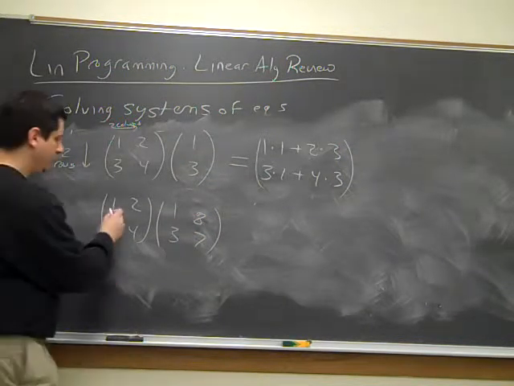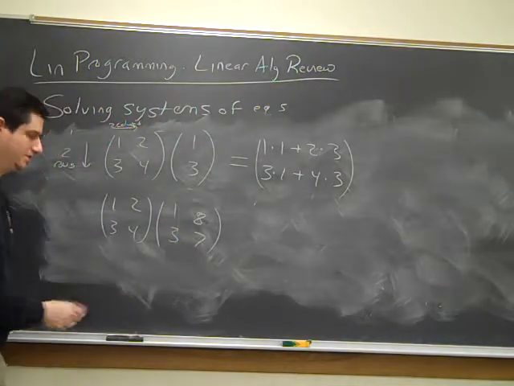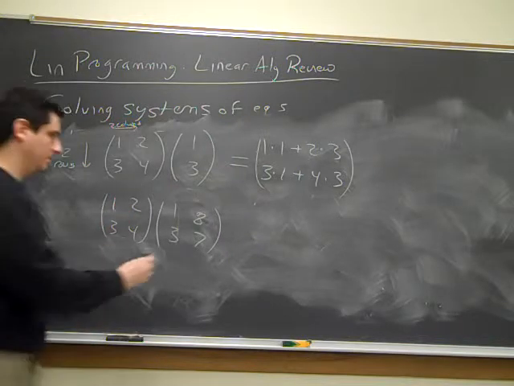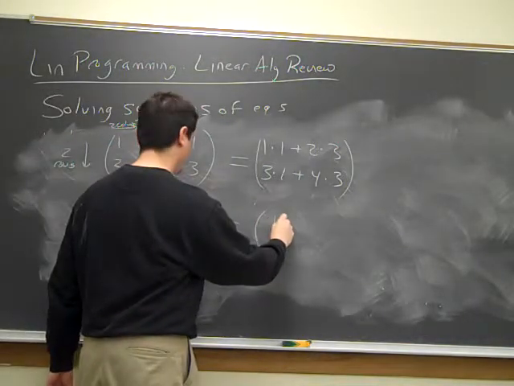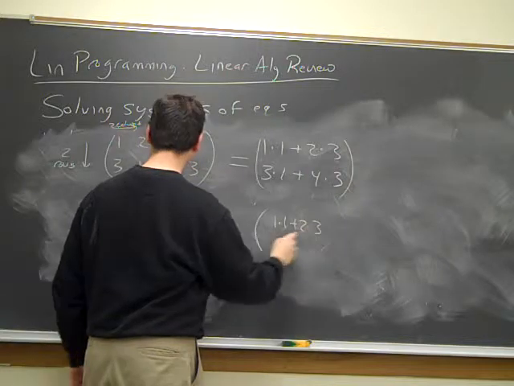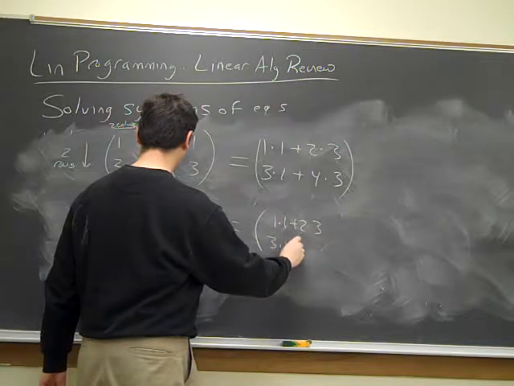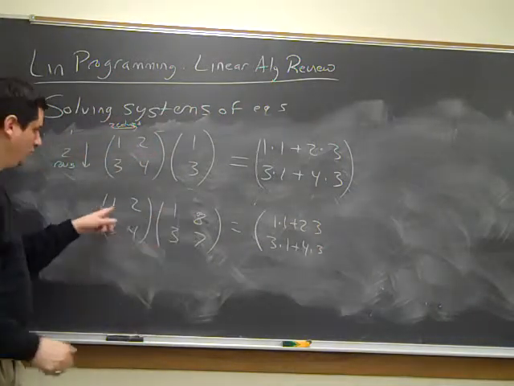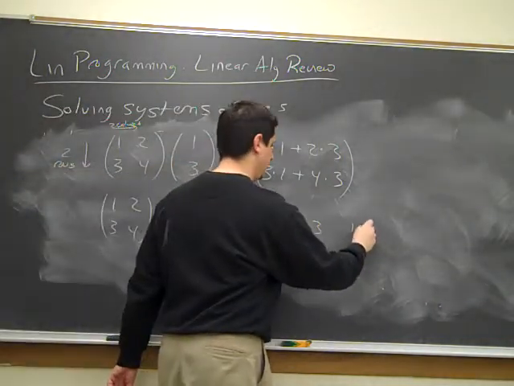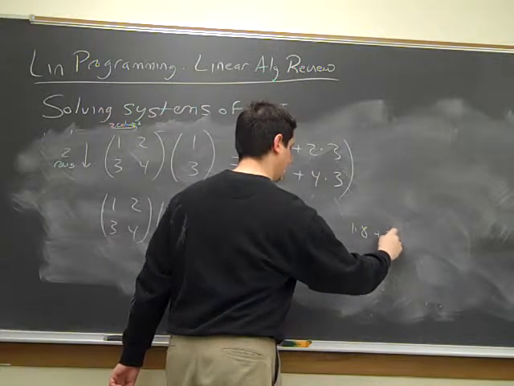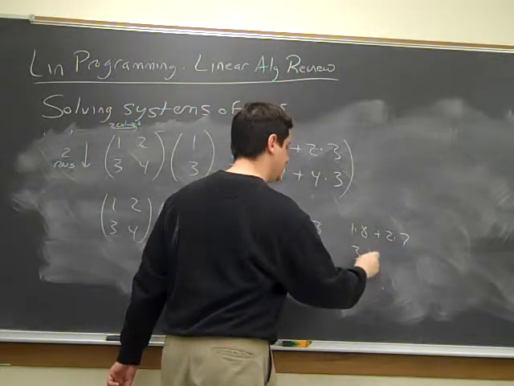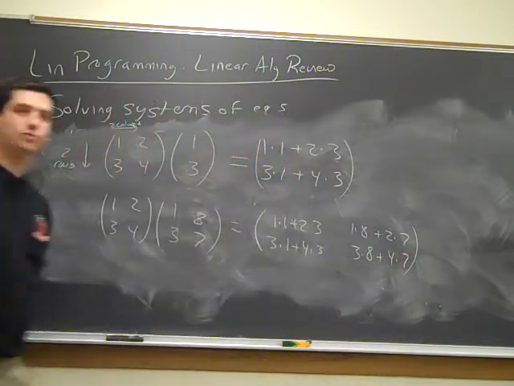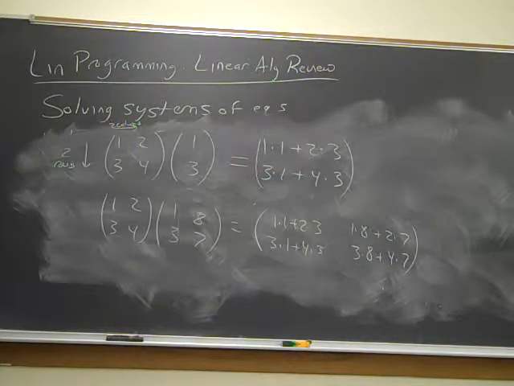So what we're going to do is, this is going to give us the first column of our new matrix, and then that will give us the second column. So this would be 1 times 1 plus 2 times 3, 3 times 1 plus 4 times 3. And then the second column would be 1 times 8 plus 2 times 7, 3 times 8 plus 4 times 7. That seems like a really good definition of matrix multiplication.